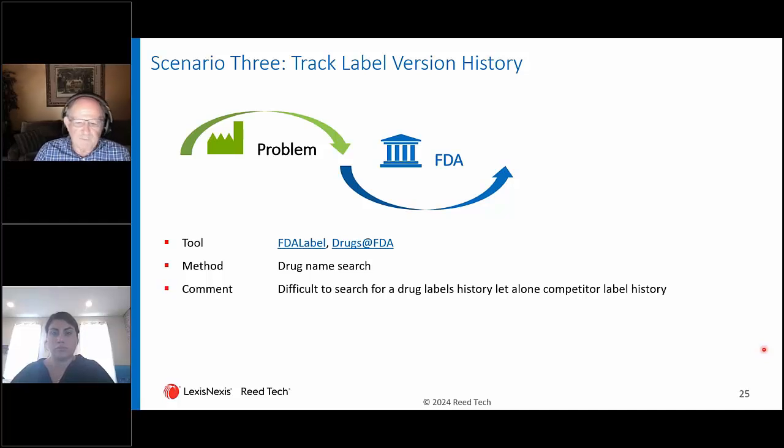You can do the drug name search and so on, but you might find it's a little bit difficult, not real apparent, to find the particular evolutionary history on some of the FDA databases.